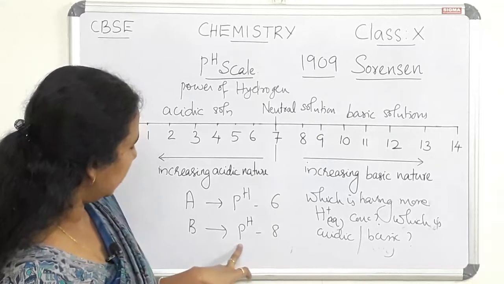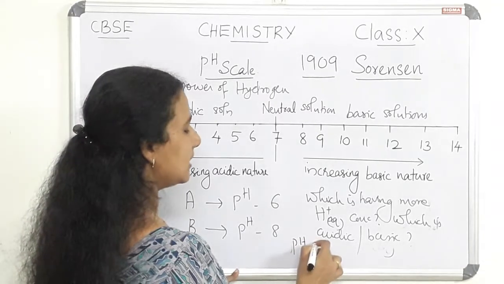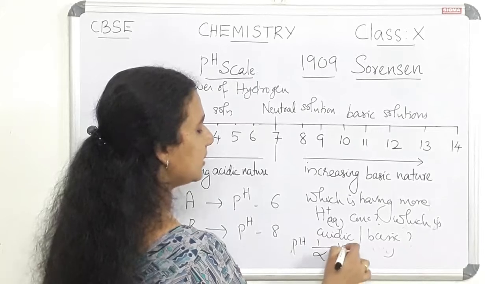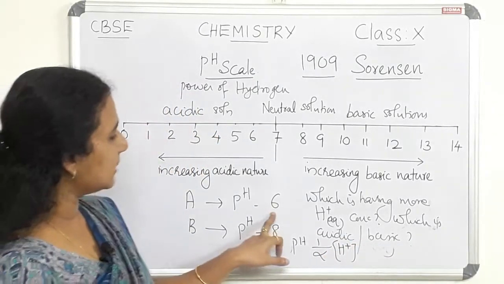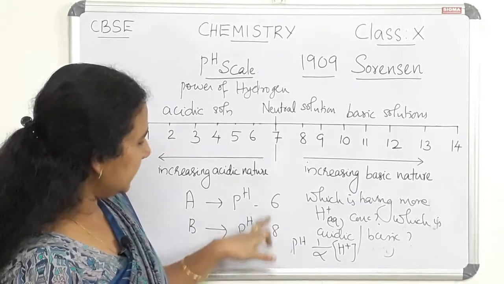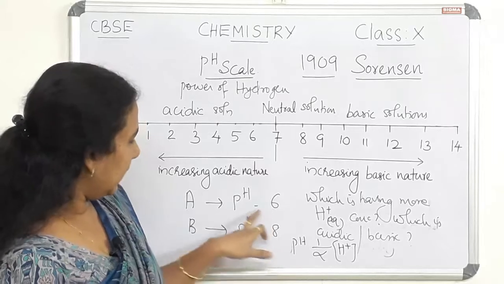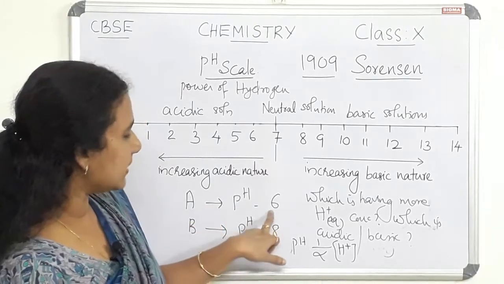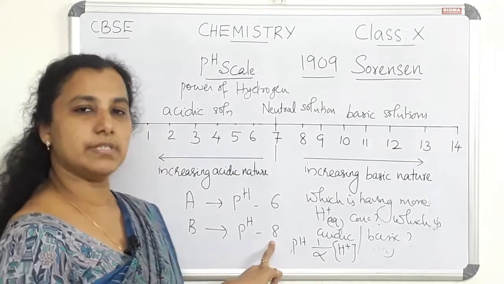We have studied that pH and hydrogen ion concentration are inversely proportional. Since pH is 6 and pH is 8, the hydrogen concentration is different. In the case of A, hydrogen concentration is more, and in B hydrogen concentration is less.